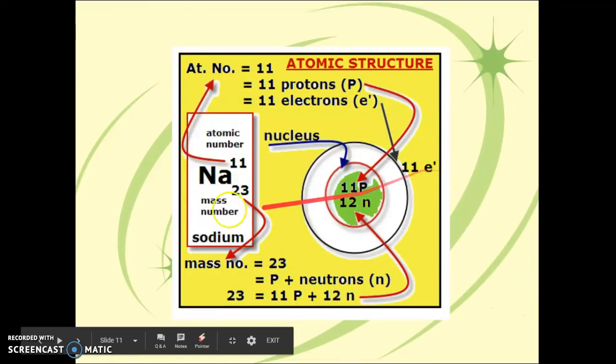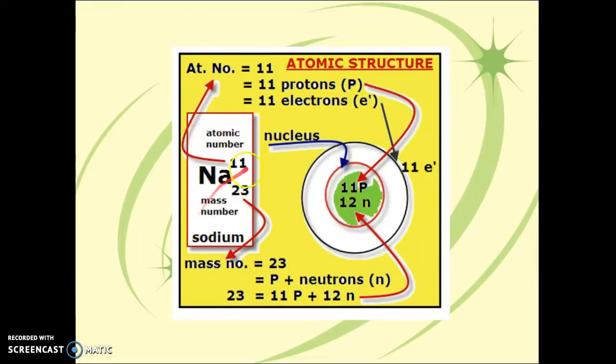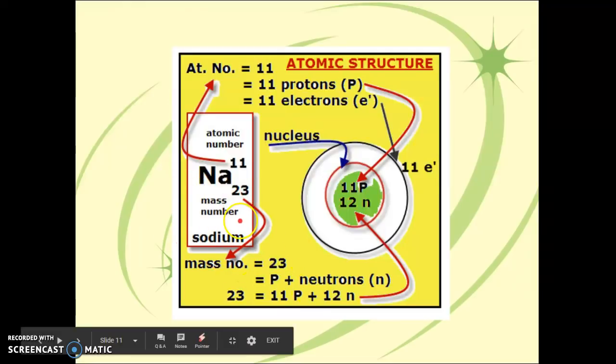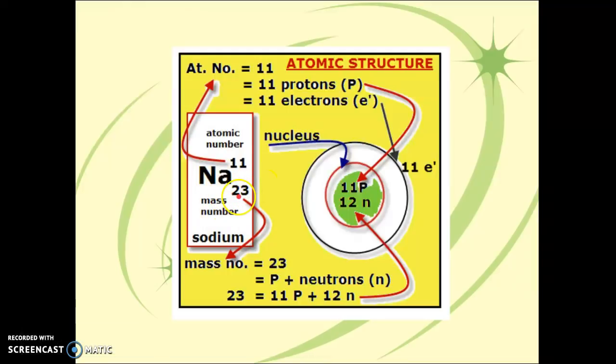Alright, so we can actually figure out a lot of information just by using these little boxes. If we know the atomic number and we know the mass, we can figure out, for example, how many electrons are in the atom, as long as it's not an ion. And we can also figure out the number of neutrons. Right? So for sodium, in this example, the mass is 23. The atomic number, the number of protons, is 11.